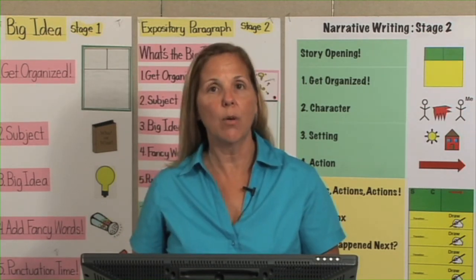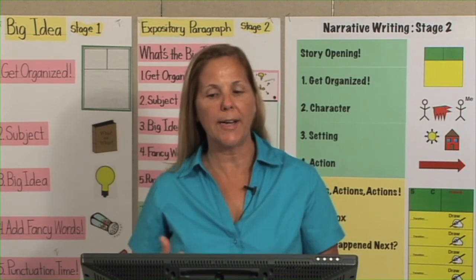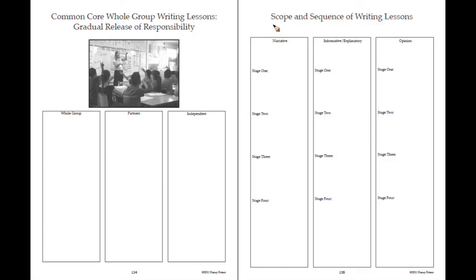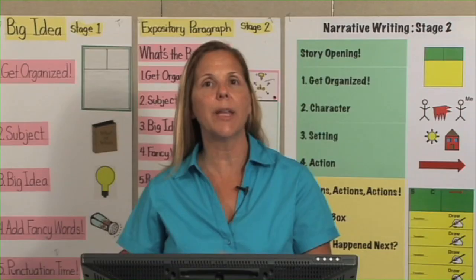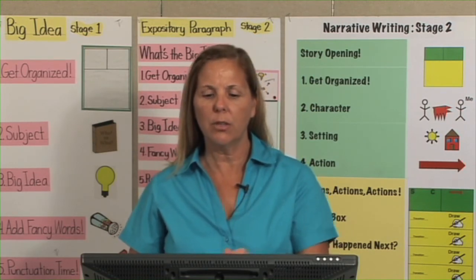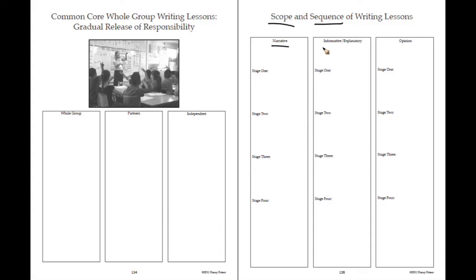To complete this overview of our whole group writing lessons, on page 135, we have our scope and sequence of the writing lessons. So now you have to determine which lessons are you going to use. Well, first of all, notice I have narrative, informative, explanatory, and opinion writing here.